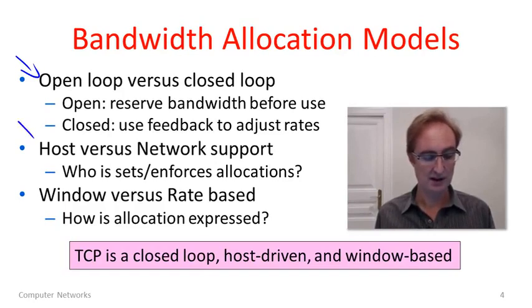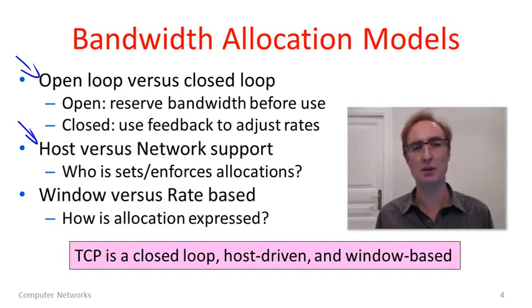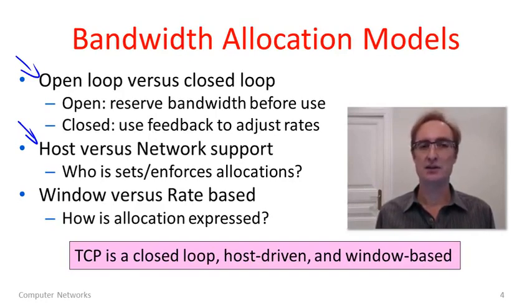We could have allocation mechanisms that are more host-based or more network-based, whereby, whether they're host or network-based, I really mean which party is responsible for setting and enforcing the allocation. Is that something the network should do, or is that something the host should do? This has implications, by the way, for how the scheme works in different situations.